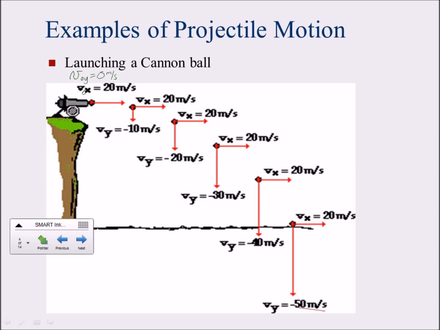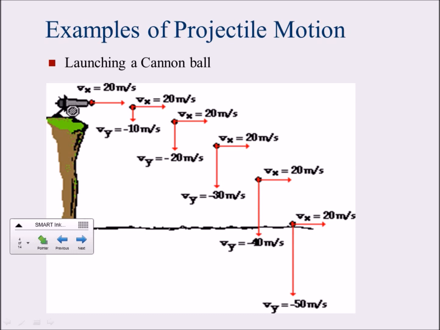Now, we also can see that we have an x and a y component of the velocity at each time. And so at any time, we could calculate the total velocity of the object. Not the x component, not the y component, but the total velocity of the object.